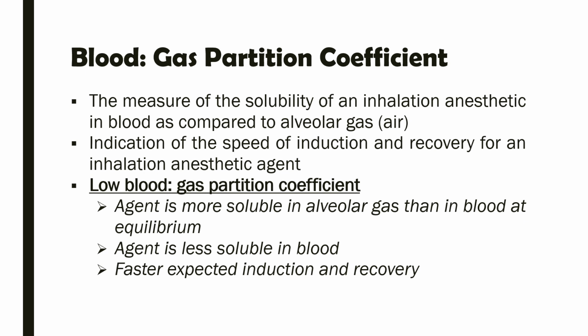When an agent has a low blood gas partition coefficient, this means that the agent is more soluble in alveolar gas than in the blood at equilibrium. So the agent is less soluble in the blood, and this agent has a faster expected induction and recovery.